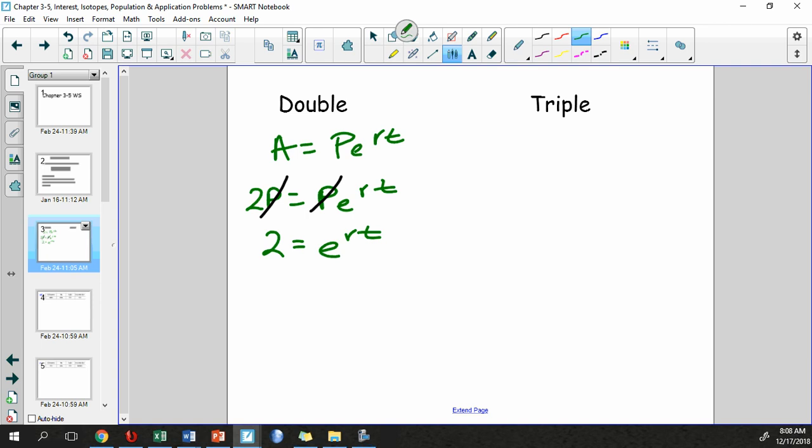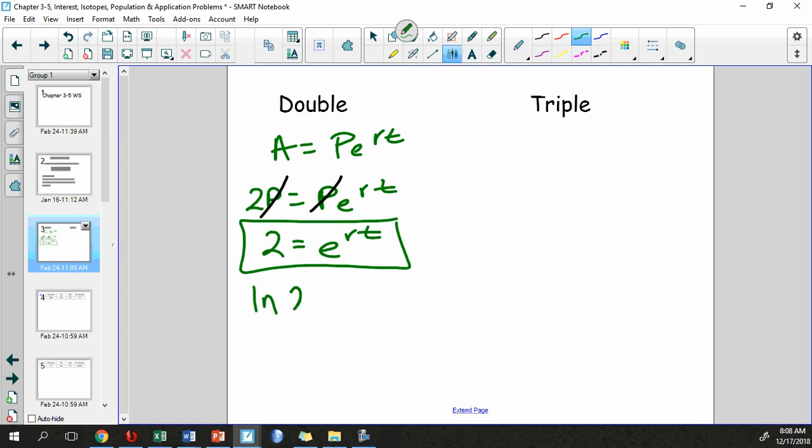You with me? So let's say I always know my rate. Well, how do I find my time? This is the formula you want to work with always. Well, how do I get rid of an E? Log base E, which is what? The natural log.